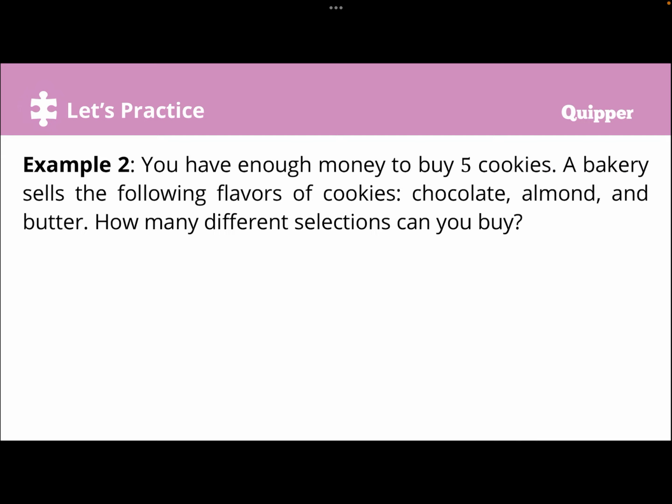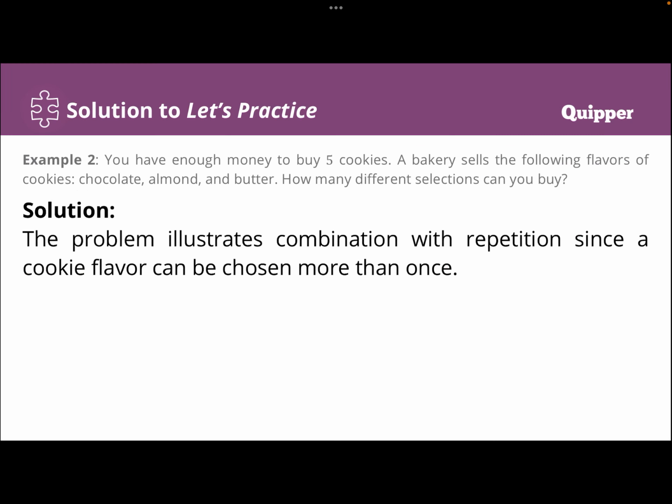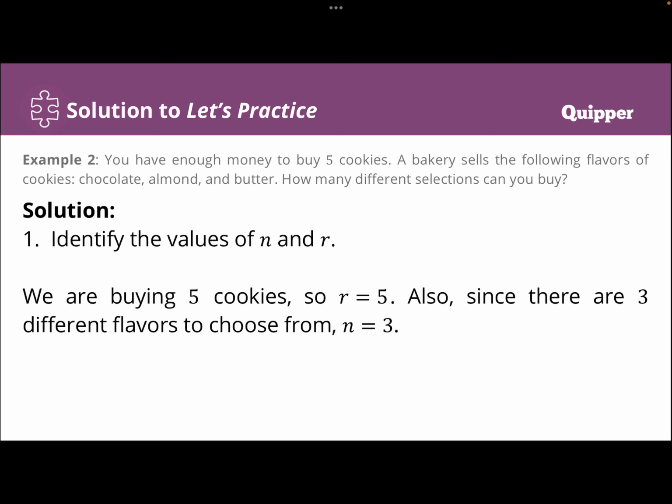Next, example number 2. You have enough money to buy 5 cookies. So, you have 5 cookies. A bakery sells the following flavors of cookies. It can be chocolate, almond, or butter. So, how many different selections can you buy? First, the problem illustrates combination with repetition since a cookie flavor can be chosen more than once.